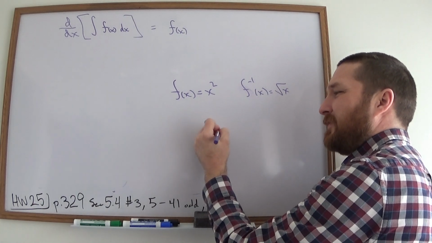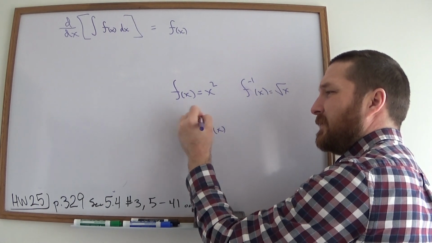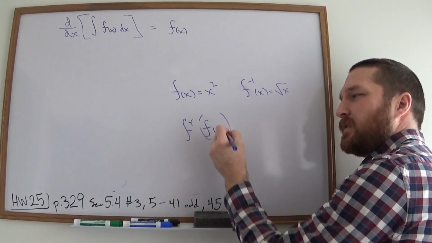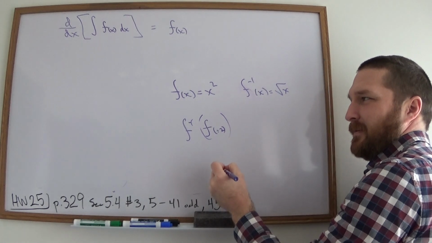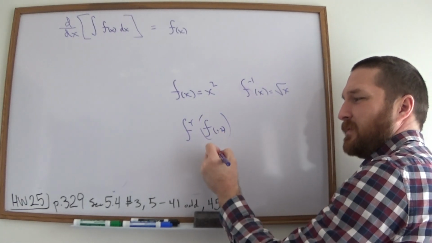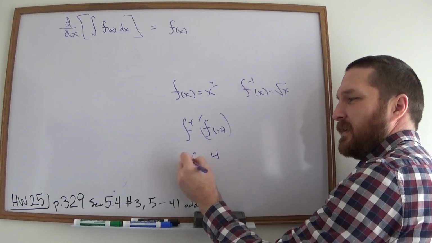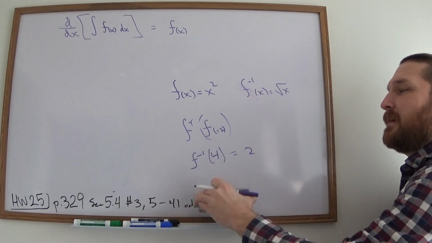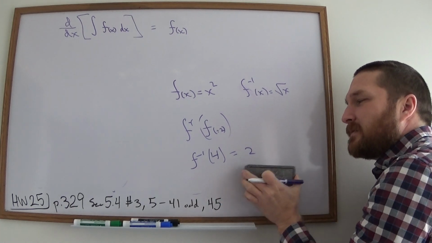If you do f of x and then f inverse of that, it might not work, especially if you go with -2. -2 gives you +4, and then you do your inverse of that and you get +2, so it doesn't work. Does everybody get that?